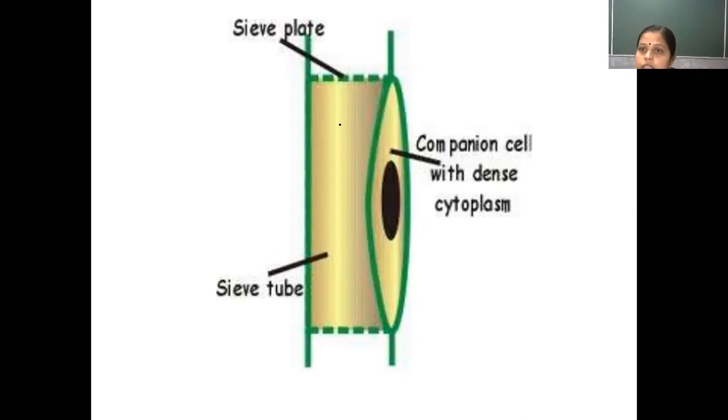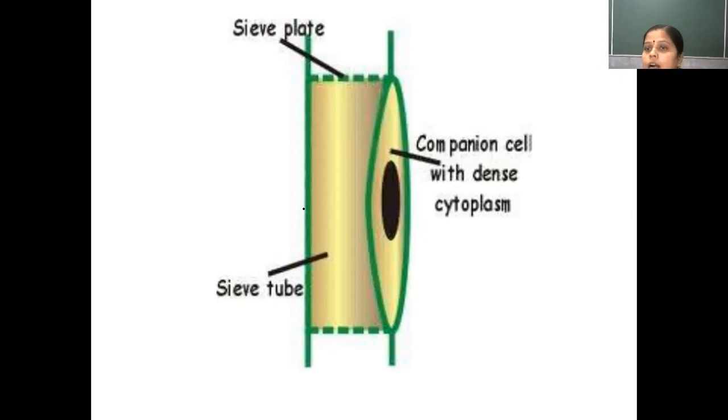Phloem is made up of four different types of cells: phloem parenchyma, phloem fibers, sieve tube elements, and companion cells. The main cells involved in the conduction of food are sieve tubes, whereas companion cells control the amount of food movement inside the sieve tube.